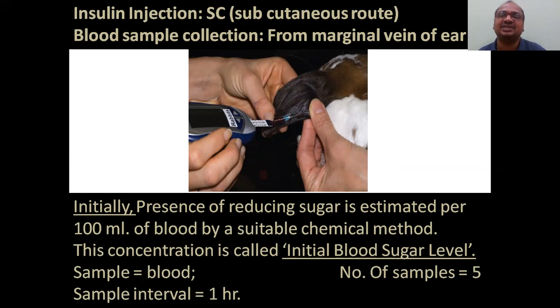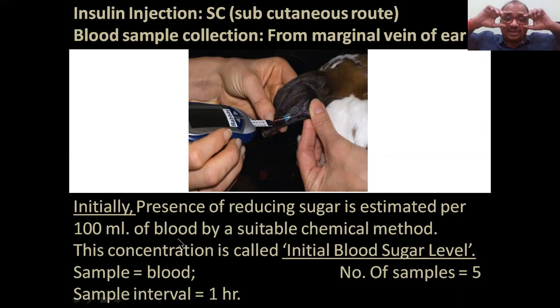This is the ear, and this is the ear margin. In this ear margin, find the vein, which is dark blue or green in color. Catch it, take 1 or 2 drops and keep them on the strip, so that it automatically reads the blood sugar level.